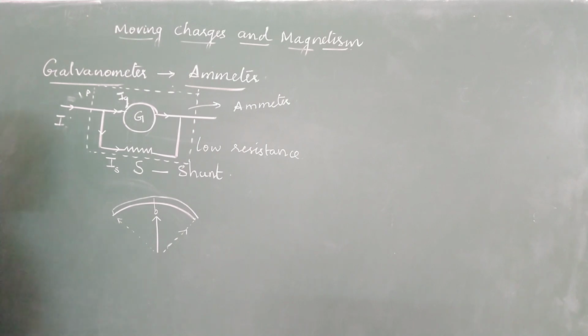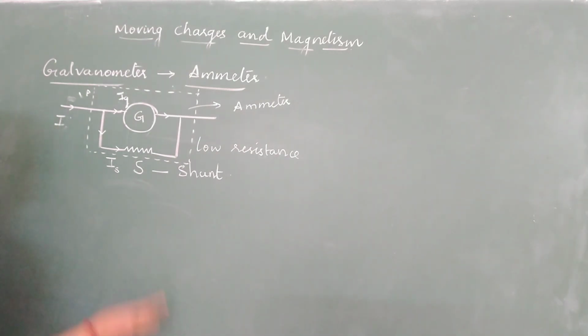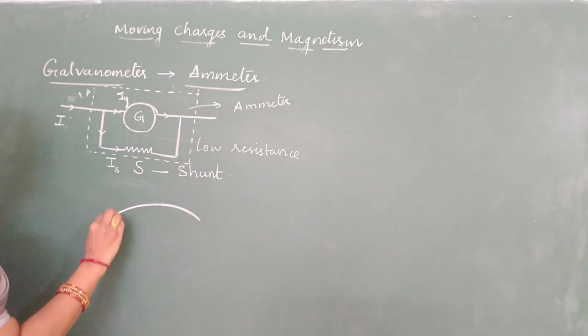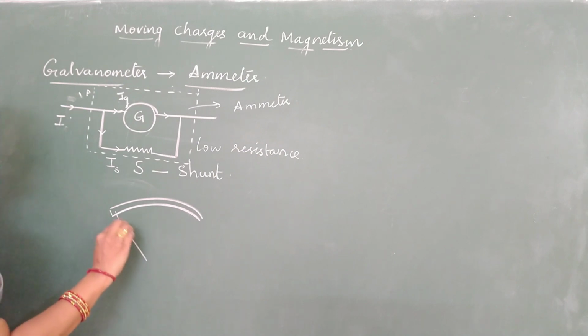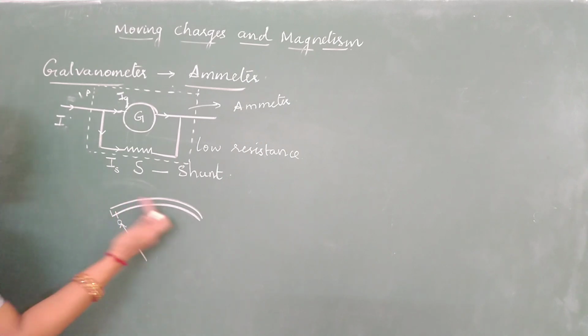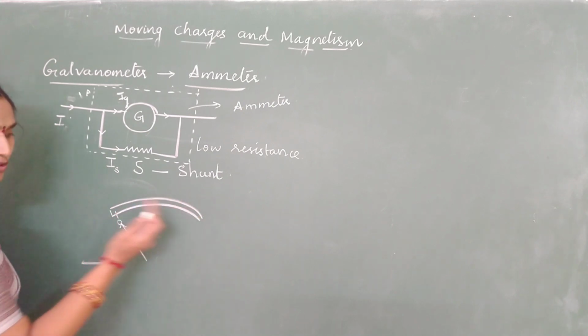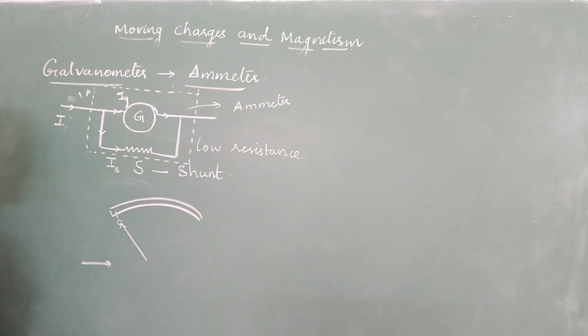But to make it into an ammeter, we change the position of the needle to one corner. Don't start from the center, start the readings from one corner. The needle is fixed at one corner, and whenever there is a current, the ammeter will deflect to the opposite side.